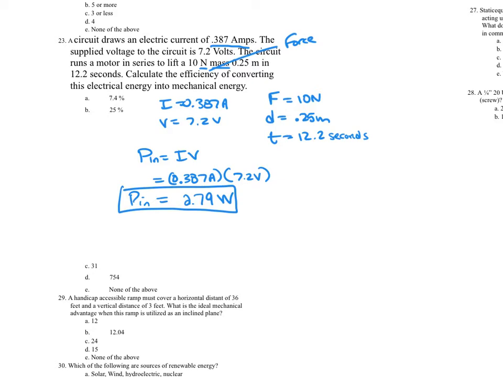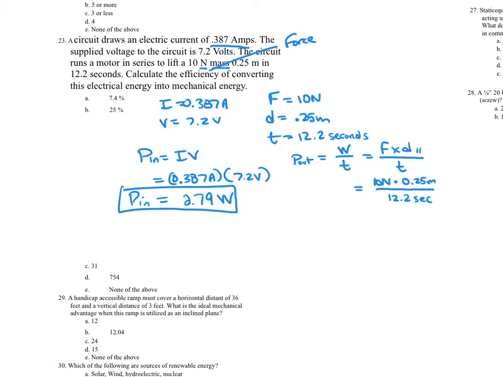Now in the output, we're taking that electricity and converting it into mechanical power. Mechanical power can be calculated by dividing work by time. But work is equal to force times distance, where force and distance have to be parallel to one another. So force is 10 newtons times 0.25 meters, and we apply that force across that distance in a time of 12.2 seconds.